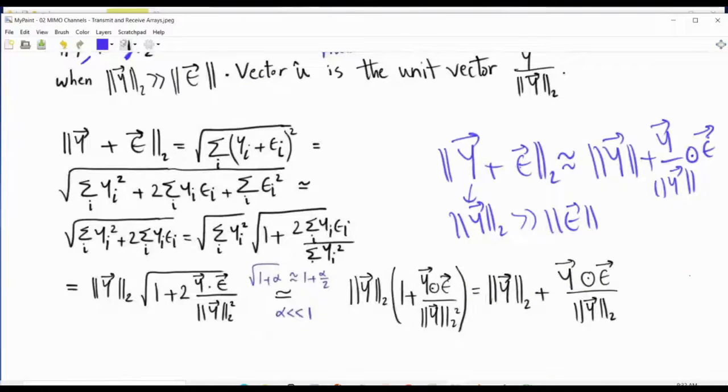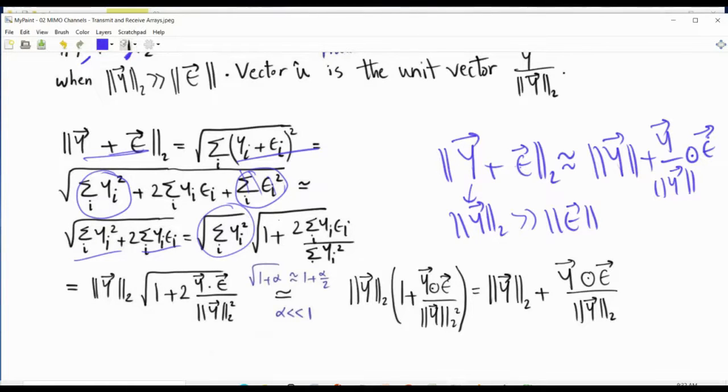To see this quickly, you can just write things explicitly. For the L2 norm of a sum of two vectors, you add the components, square them, take the sum, and then take the square root. When you expand the squares, you get the L2 norm squared of vector y and the L2 norm squared of vector epsilon. This last one is negligible by assumption, and so you are left with these two terms.